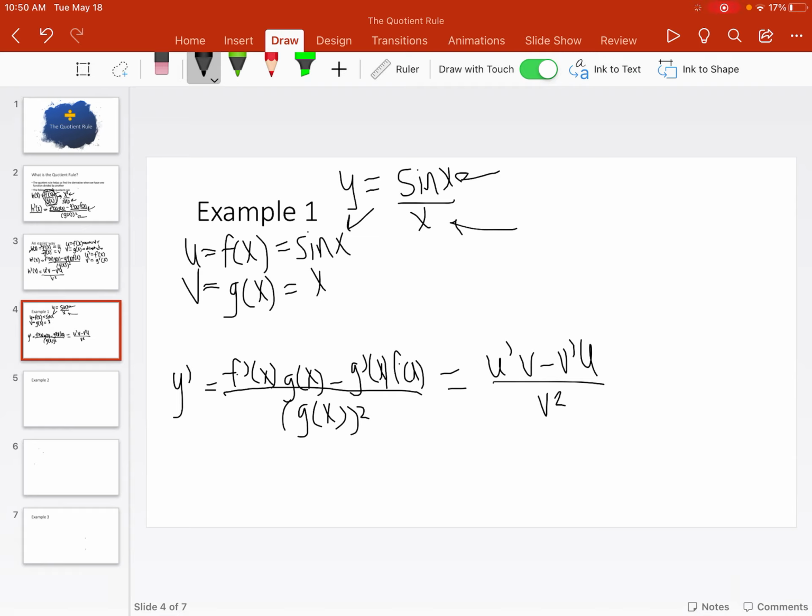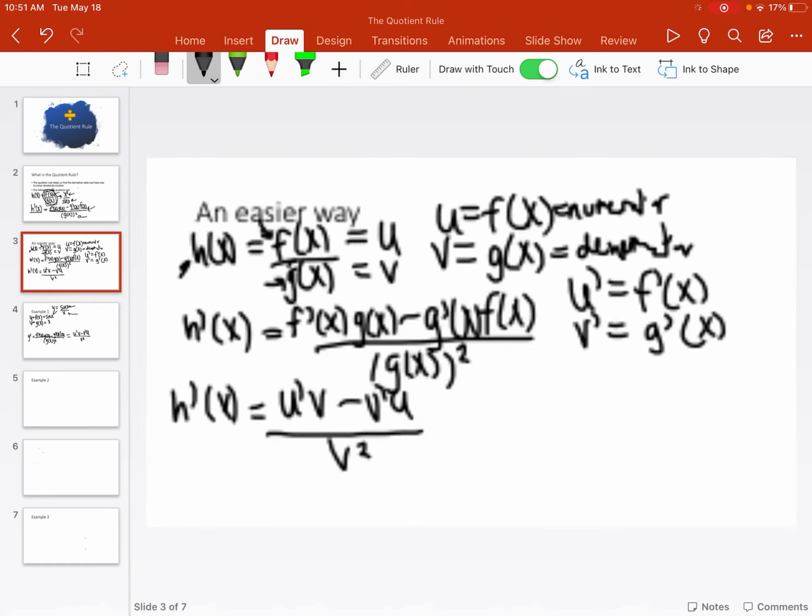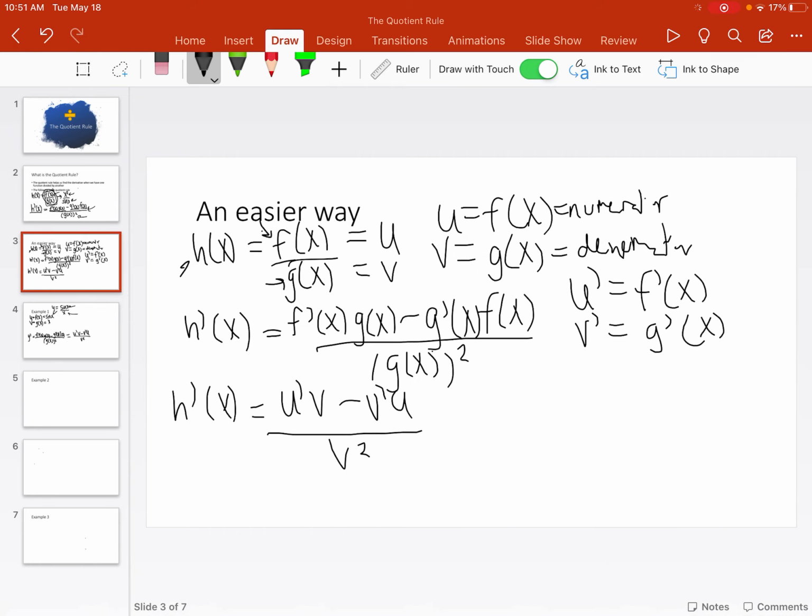So you need to understand it's not just about memorizing this. It's about understanding the terms and what you're doing here. If we go back to the last slide, an easy way to remember this is to ask why we take the derivative of the numerator first. Well, because the numerator's on top, and we use that as a memory trick.